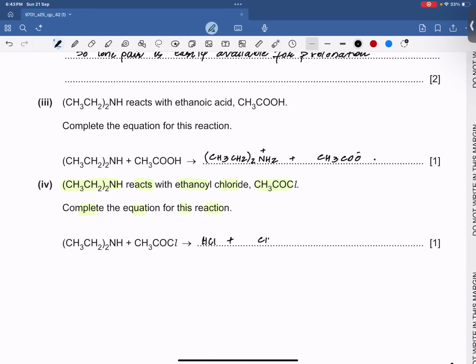The remaining fragment is like this: CH3, CH2, attached to N. N is attached to CO and C is attached to CH3. And that's basically an amide. Okay. I hope it makes sense to you. Okay, that is how amides are formed.